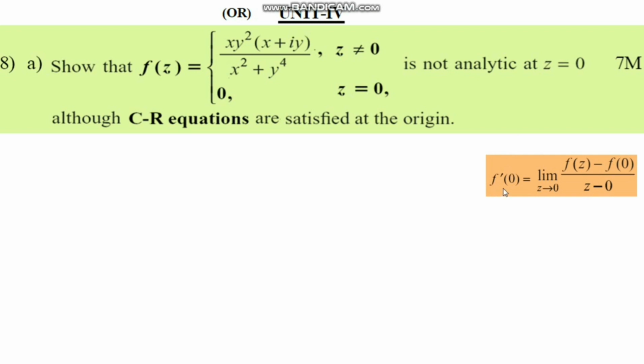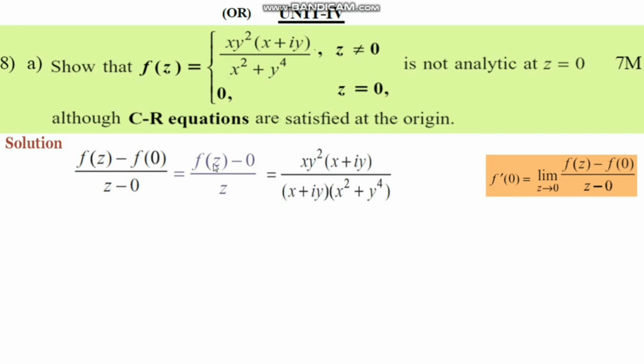We know that f dash of z at the point z equal to 0 is the limit as z tends to 0 of (f of z minus f of 0) by (z minus 0). We consider this function, which equals f of z, since f of 0 is 0 and z minus 0 is z.